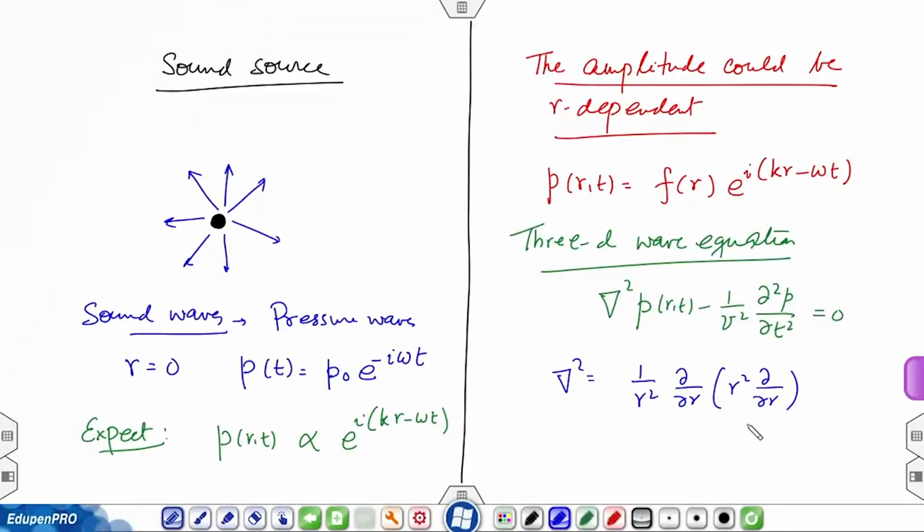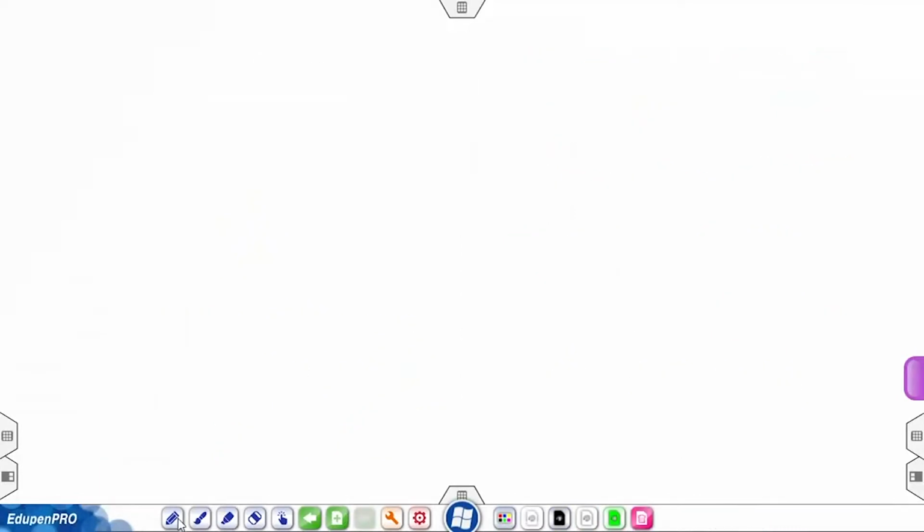You do this, and finally, once you manipulate all the terms, the equation you get is 2 over r f prime plus f double prime plus 2 i k f prime plus 1 over r f equals 0. That is the equation for f. Let us solve this.